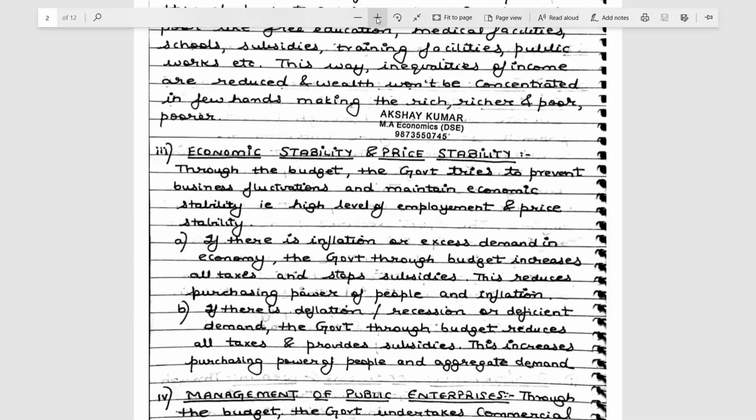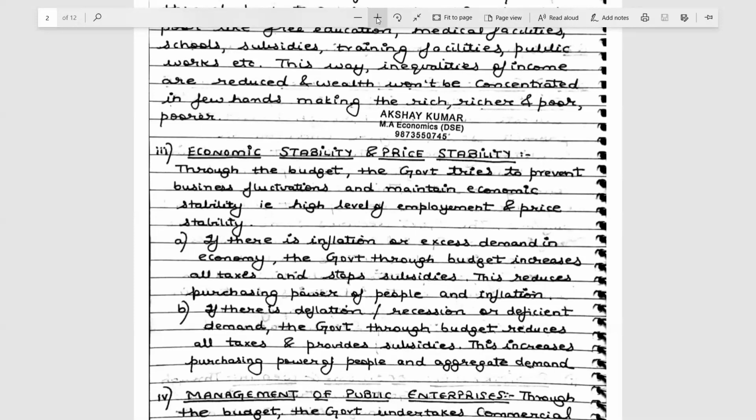It should not happen that prices are continuously falling, causing deflation. So the government prepares a budget to ensure that prices remain stable. Through the budget, the government tries to prevent business fluctuations and maintain economic stability, that is a high level of employment and price stability.